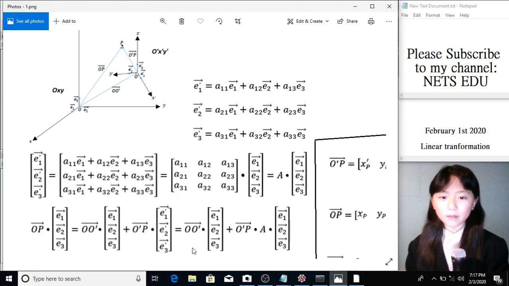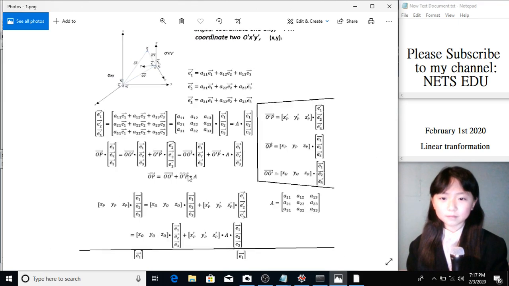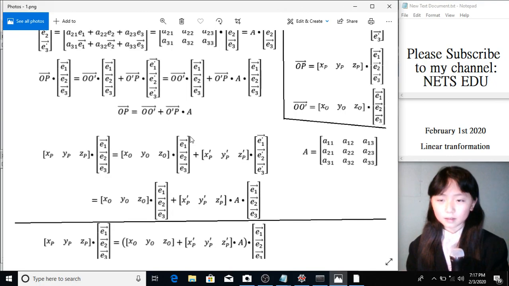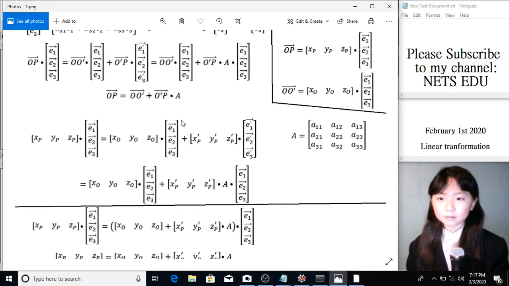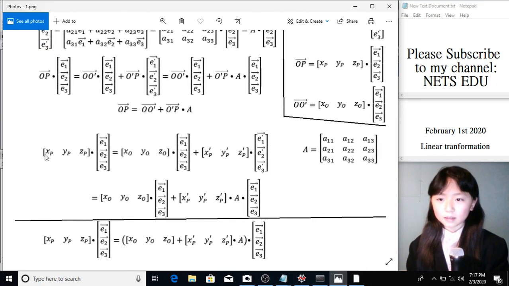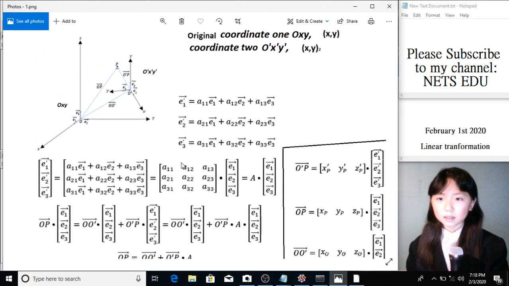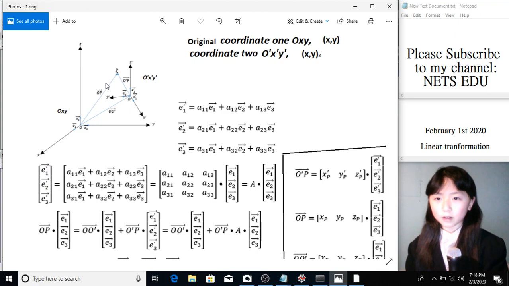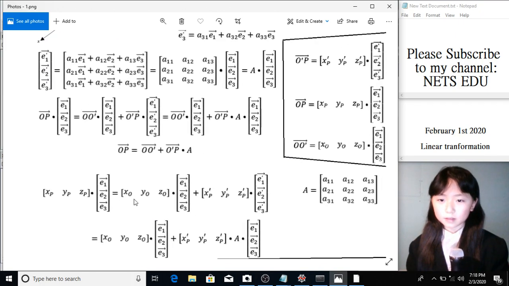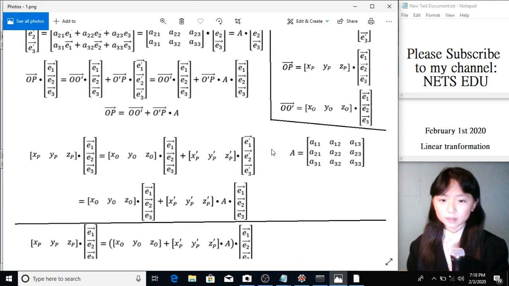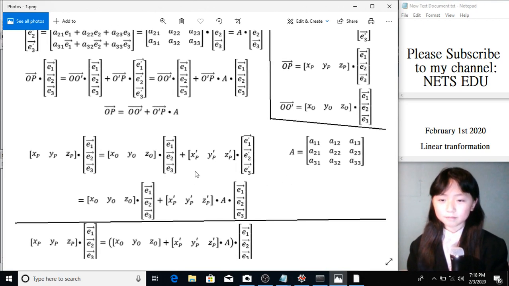So here we have our formula. Now we get here xp, yp, zp, the xyz coordinate for this point relative to this coordinate, equals, here we get our answer.